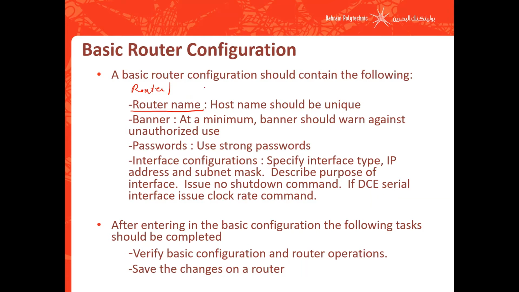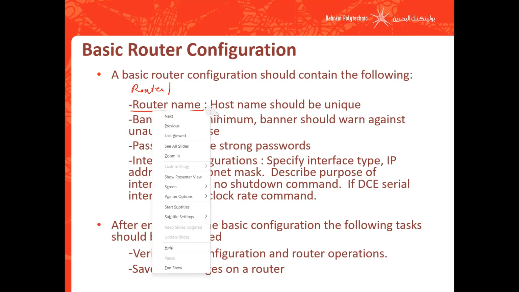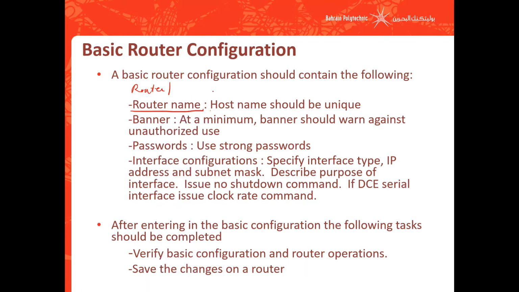So the first thing you do is you give it a name, and this name is usually unique. So let's say you can name the router Manama. That can indicate that this is a Manama router or anything of that sort. Just give the router a name so you're able to identify it uniquely. Then there is the banner, which is nothing but a message.